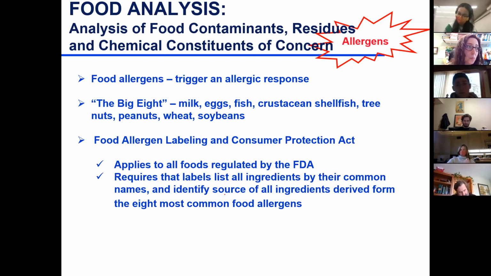And also, if it's manufactured in a plant that also manufactures allergens, it has to be on the label. For example, if you read the package of M&Ms, they were produced where peanuts could have been there, so there could be a peanut contamination. So it has to be on the label.